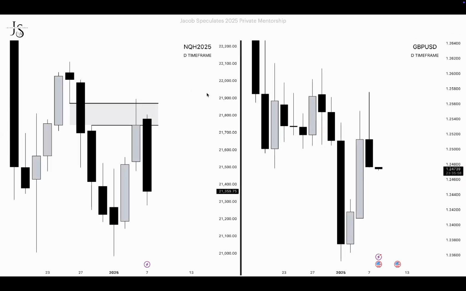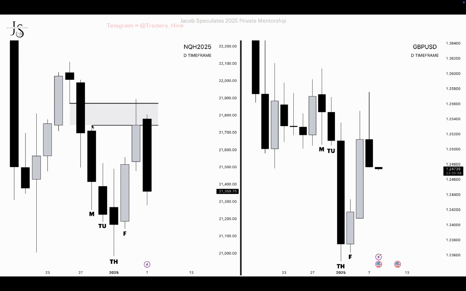So looking at the NASDAQ and the pound, yes, we're bringing the Forex triad into the equation now. As you can see, we had Monday, Tuesday, Thursday, and Friday. So we have that range. It was the previous week's range.